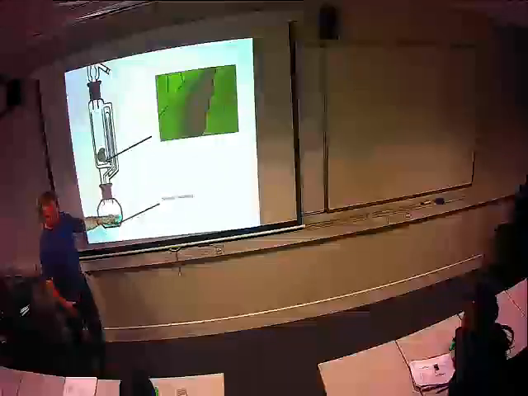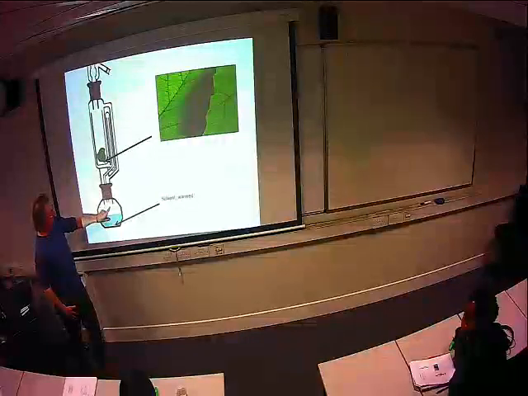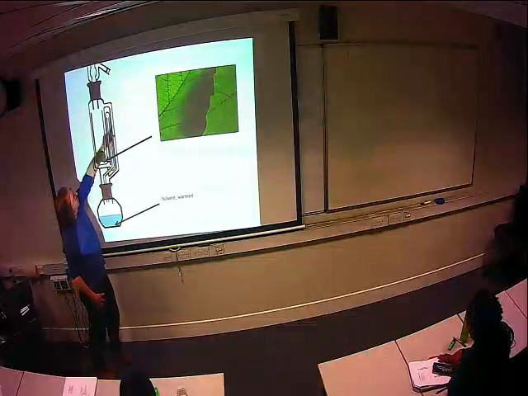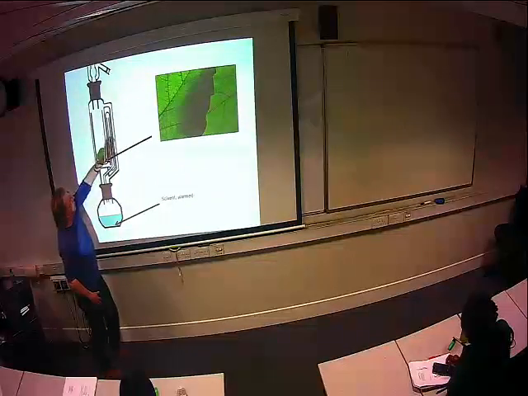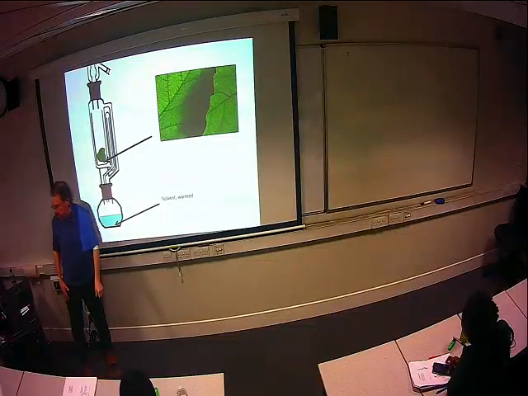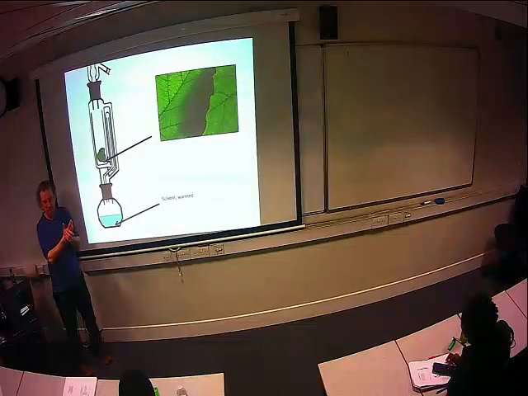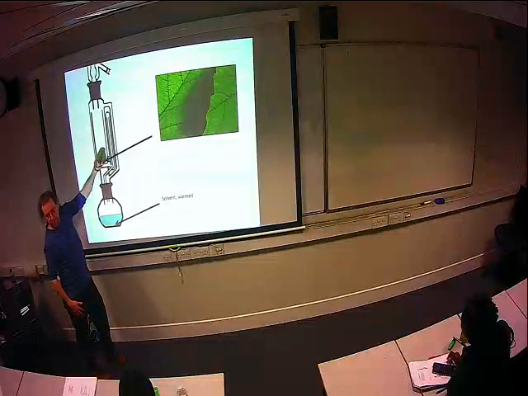And we've got the solvent down here in this flask, and that's getting heated up to boiling point. So what happens is the solvent vapor comes up here, and if we heat it up enough, the solvent vapor is going to go all the way up to the top, and at the top there is a condenser. So it cools the solvent, so it goes back into the liquid state, and it drops down onto your solid sample here.